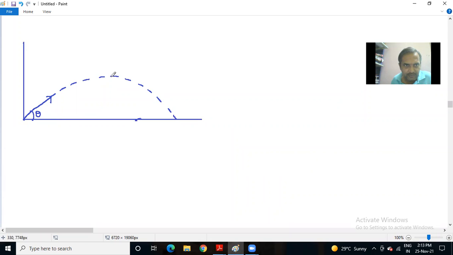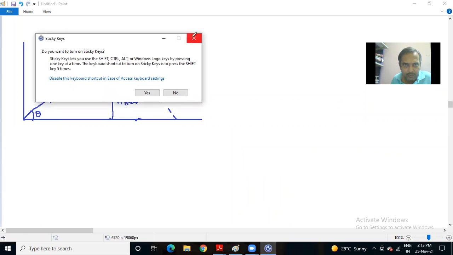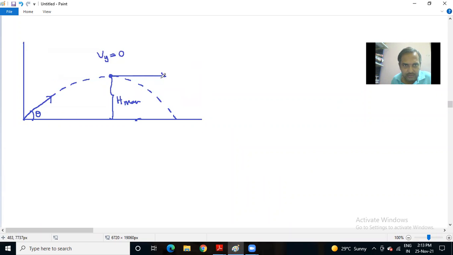Say this is the point of maximum height, h max, where the vertical component of velocity is 0, but the horizontal component will remain constant as Vx everywhere. Let us say at any instant the projectile is somewhere here.